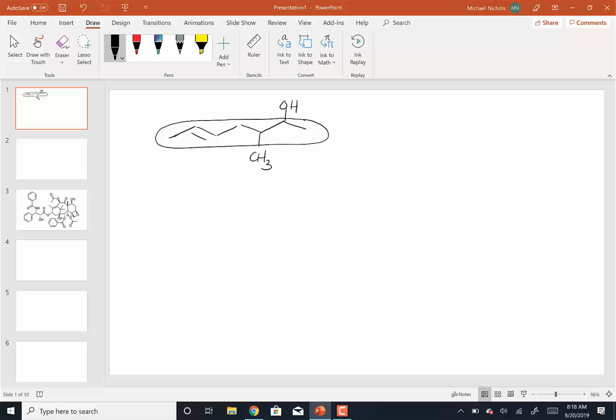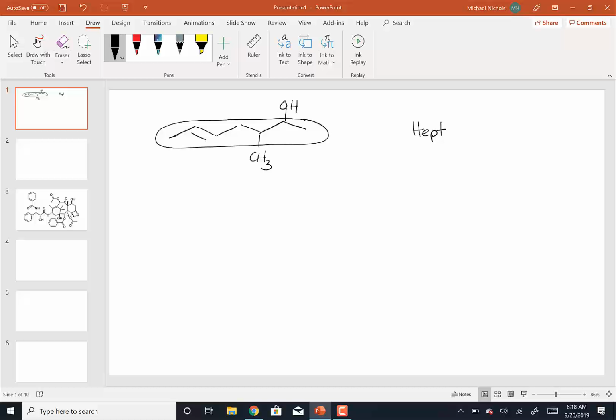How many is that? 1, 2, 3, 4, 5, 6, 7. So this is going to be a hept. Now, in the chart, the anomaly about starting at the end closest to the first substituent is only for double and triple bonds.